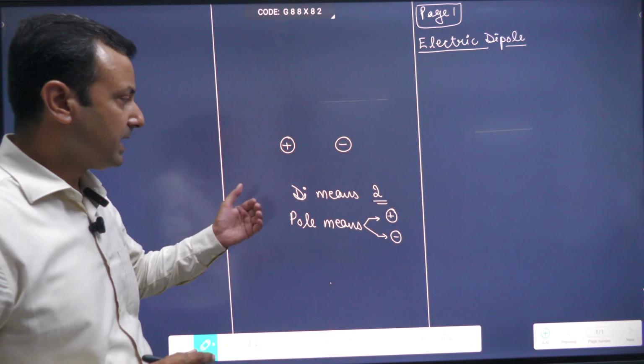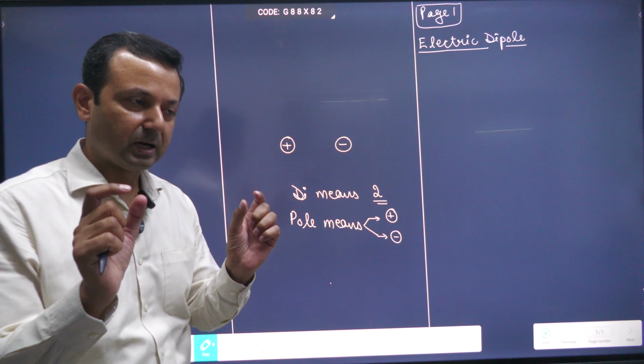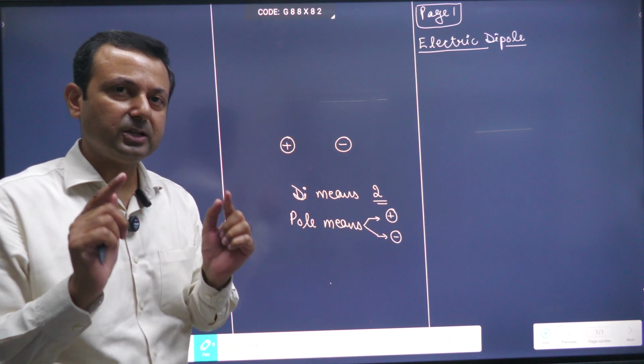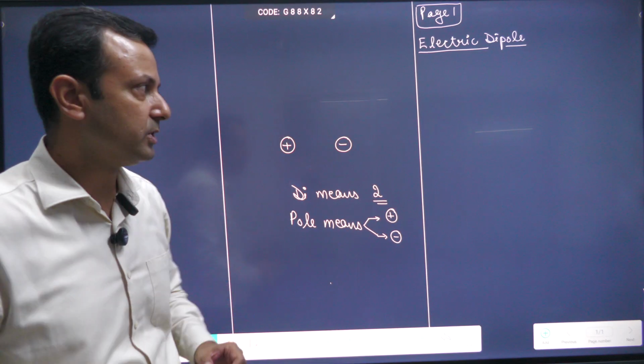These are called dipole. Dipole means whenever a positive and negative charge are separated by a very small distance, then we say that a dipole, an electric dipole, is formed.